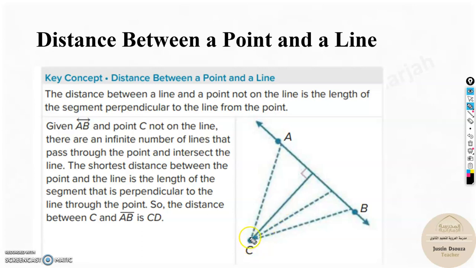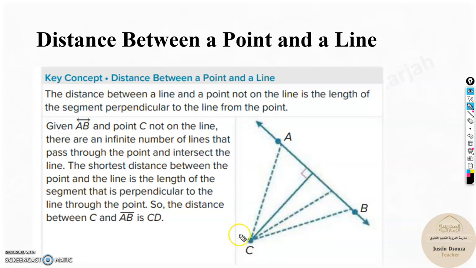If I draw any line, say this one, imagine this will be about 5.6 centimeters. Over here I might get about 5.7, or there might be one line over here, 5.1. Each line you draw will be at a different distance from this point, right?